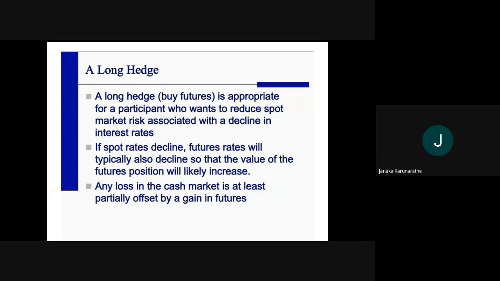If spot rates decline, futures rate will typically decline, so that the value of the futures position will tend to increase. So if the value increases, what happens? You make a gain in the futures market. But if the interest rate declines, you lose in the cash market. So the loss in the cash market is at least partially offset by a gain in the futures.